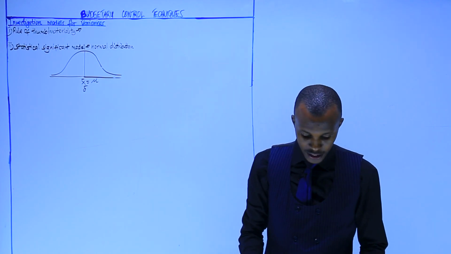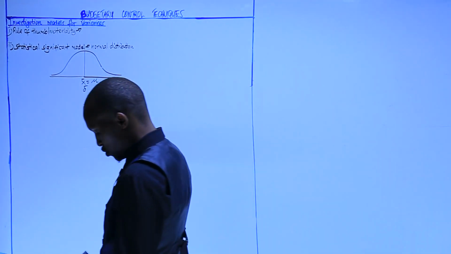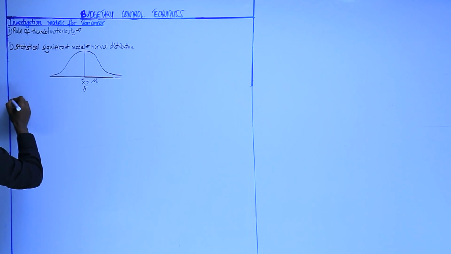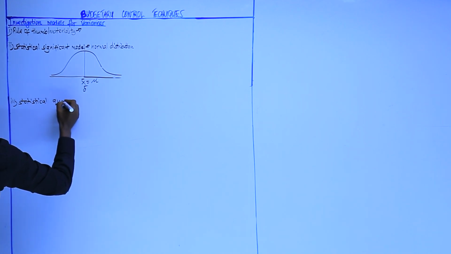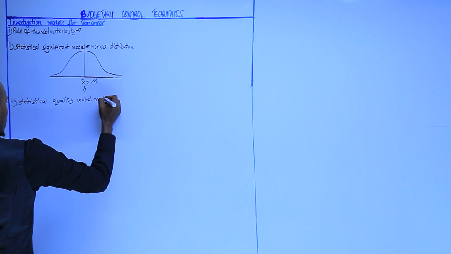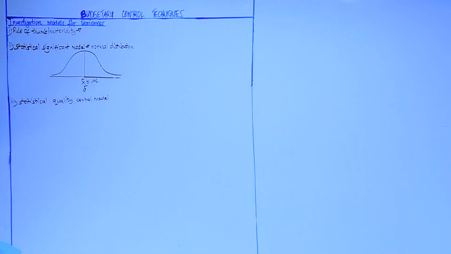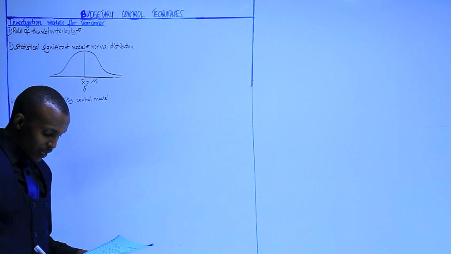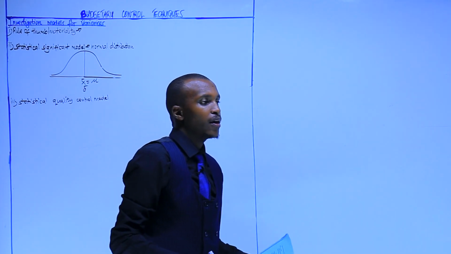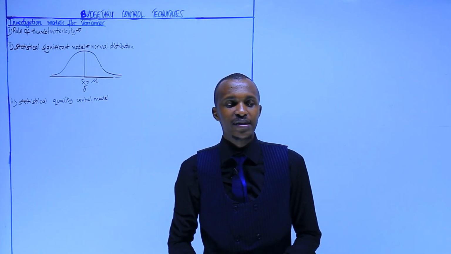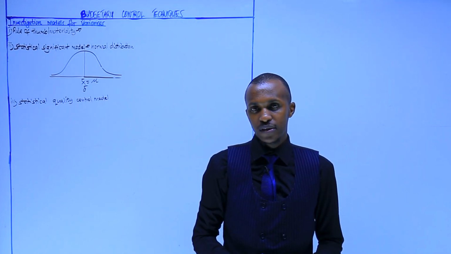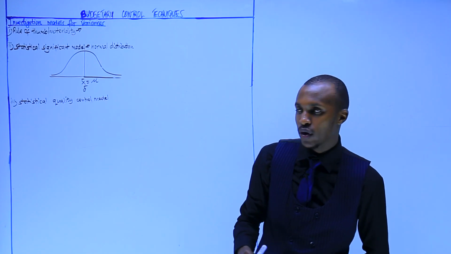The third model is the statistical quality control model. It is a model where you test whether variances fall within a certain tolerable limit.